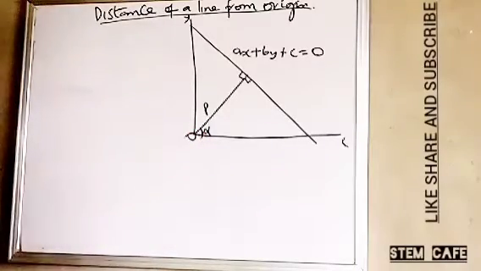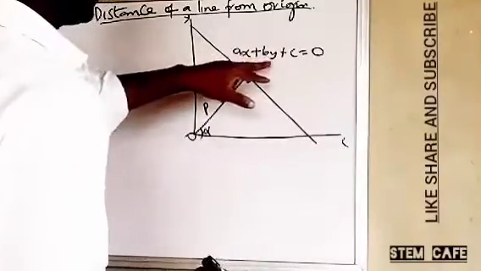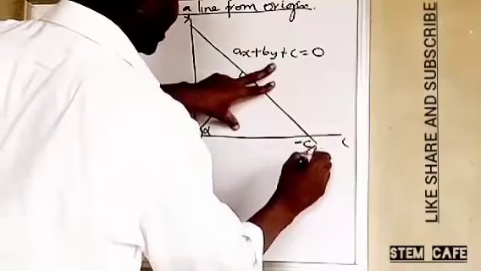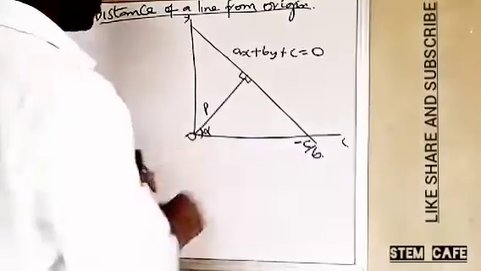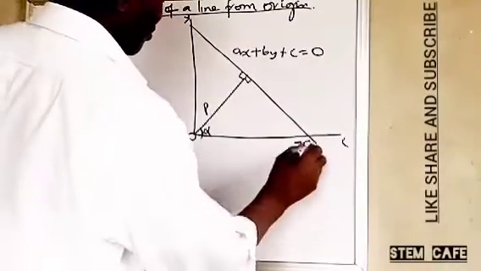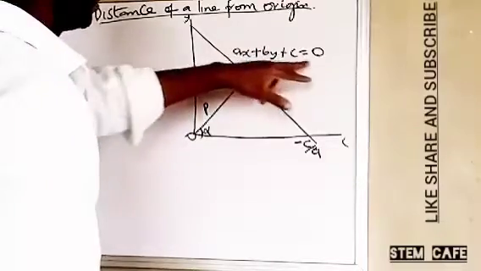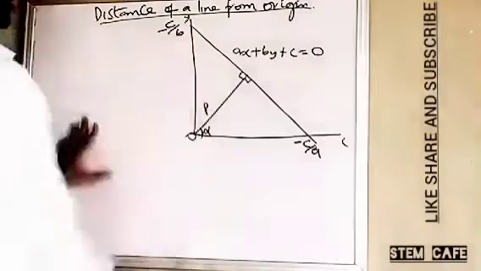What happens? By the time I calculate this, I will see that if I make y 0, x is going to be minus c over b. If I make x 0, y-intercept is going to be minus c over a.